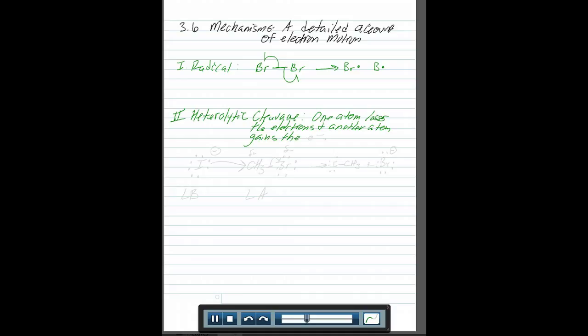In the above case, nothing is gaining anything or losing anything. They're both doing exactly the same thing. But for heterolytic, one loses and one gains.